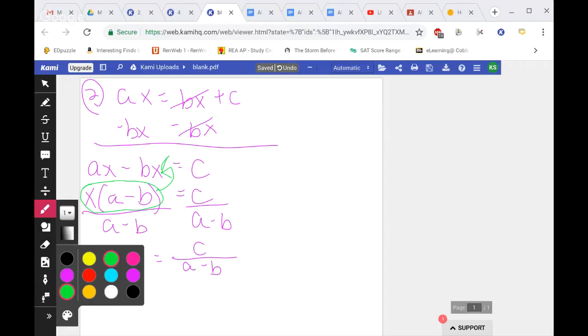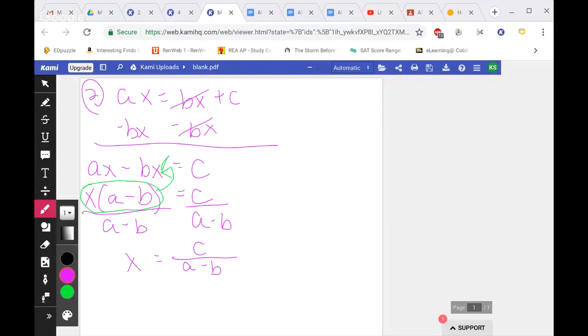To undo the distributive property, I took the X out of both AX and BX. Then I was left with X times A minus B equals C. And to get X all by itself, I divided both sides by A minus B. Okay?